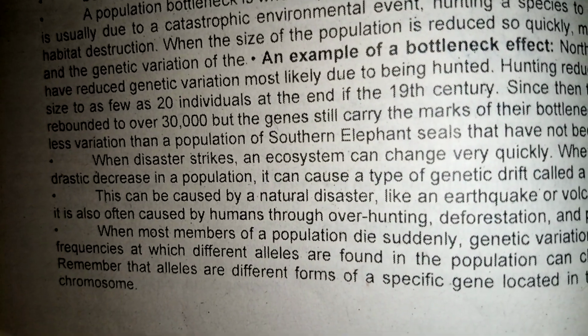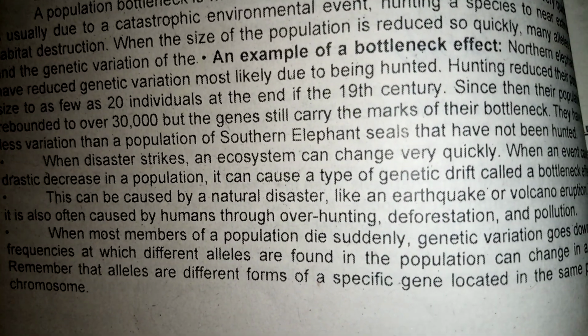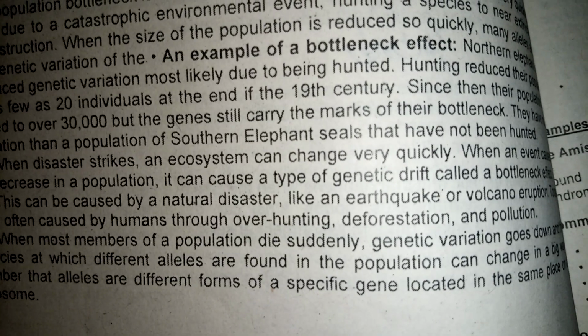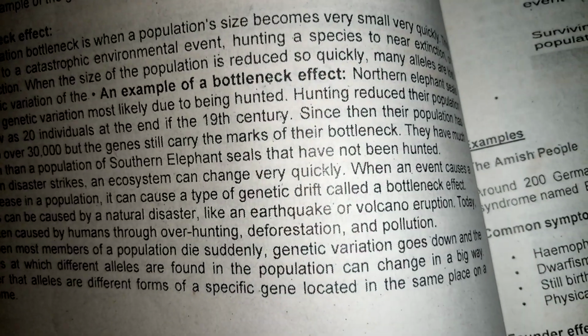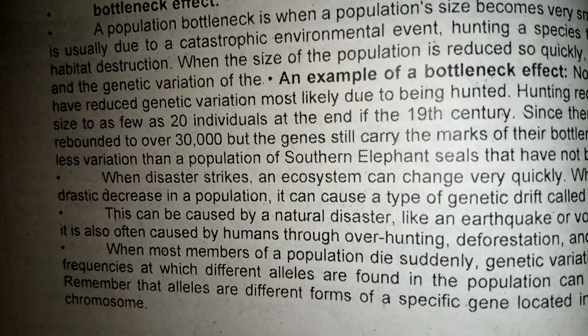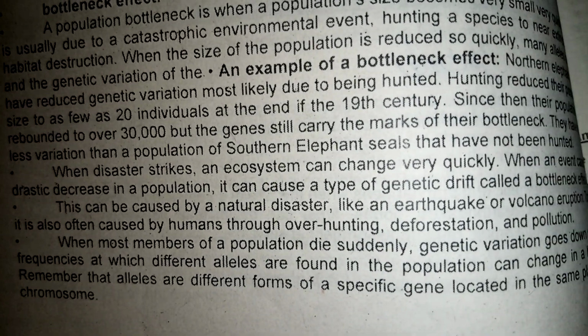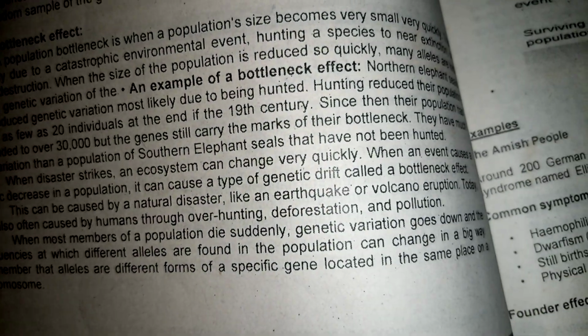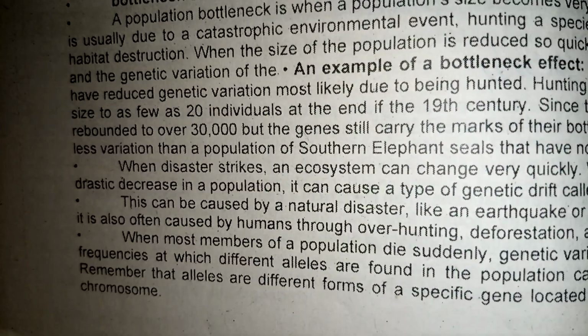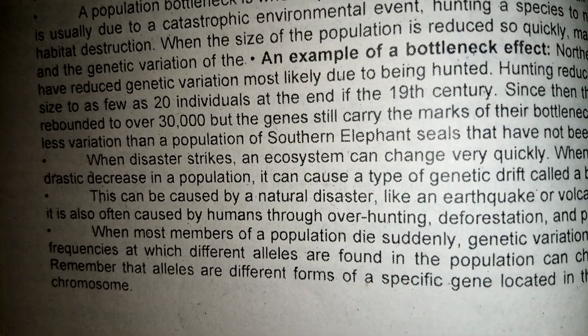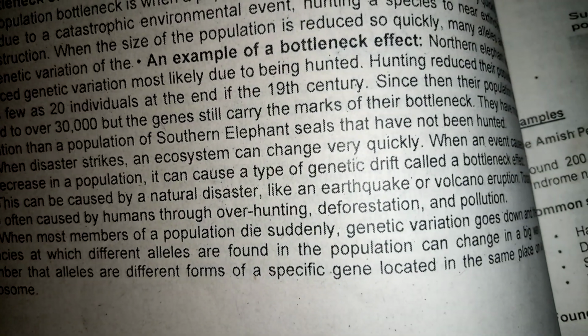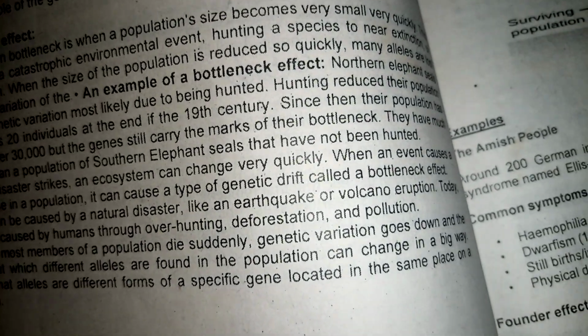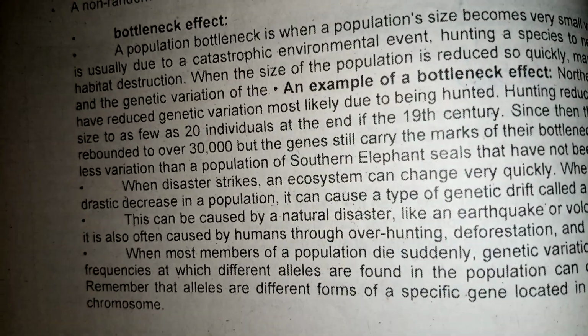When most members of a population die suddenly, genetic variation goes down and the frequencies at which different alleles are found in the population can change in a big way. Remember that alleles are different forms of a specific gene located in the same place on a chromosome.